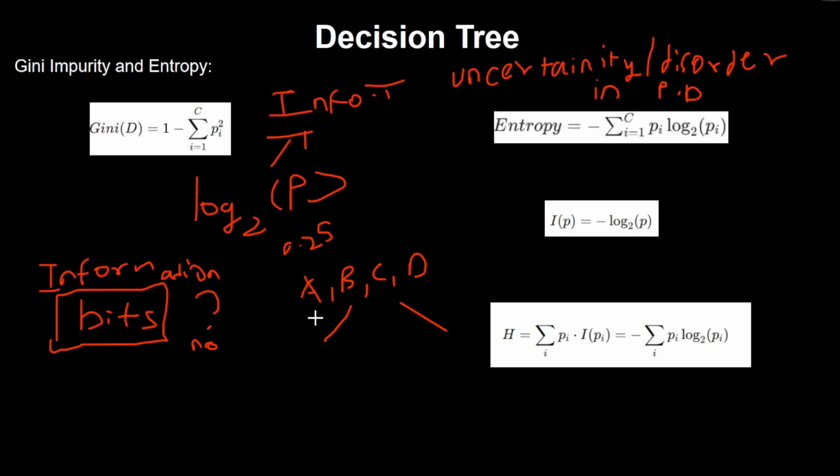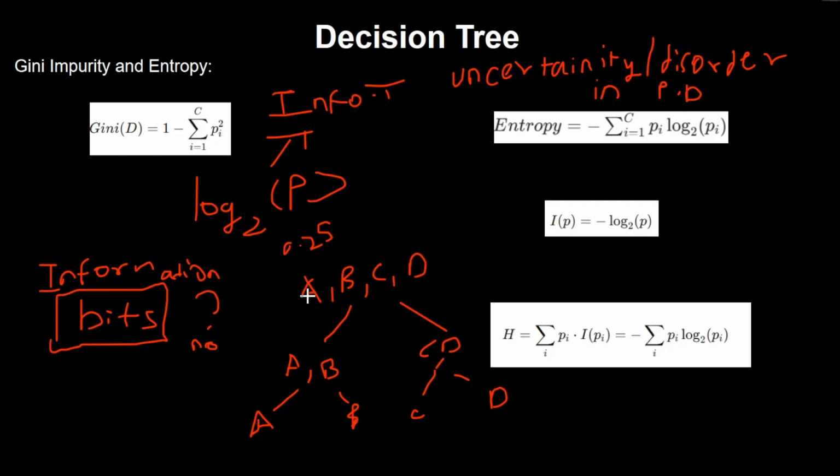First we ask if it belongs to A, B or C, D. These are binary questions, yes or no. Similarly, again we ask if it belongs to A or B. Here again we ask if it belongs to C or D. So the outcome is which of these 4 classes it belongs to.